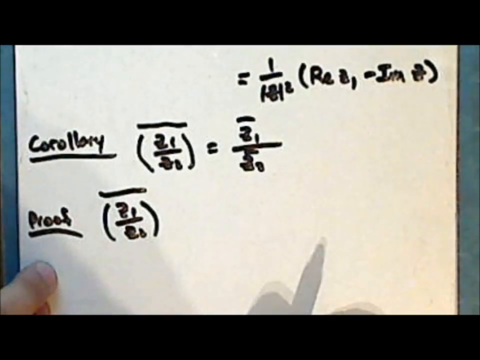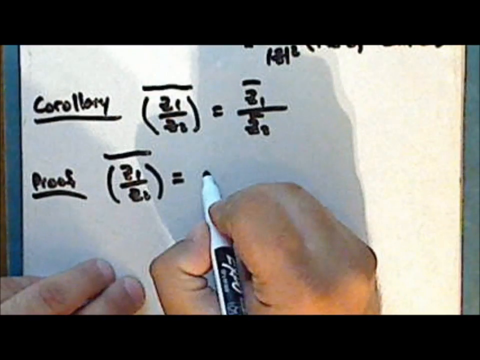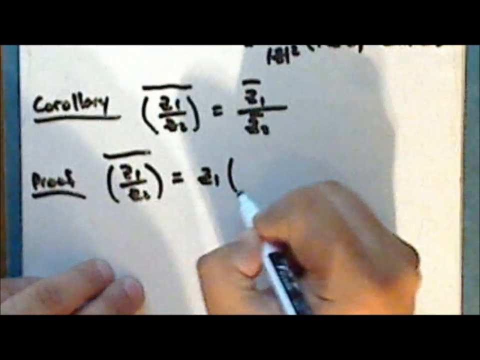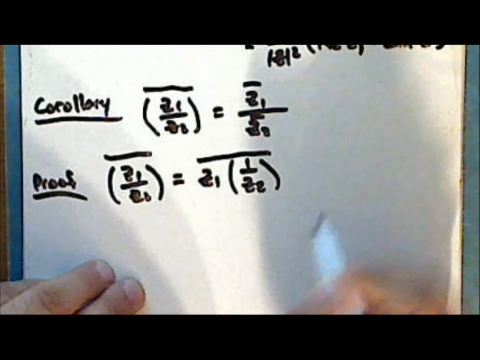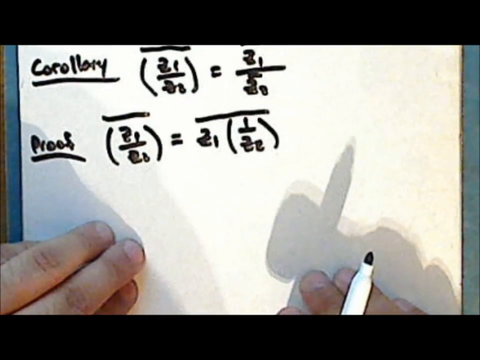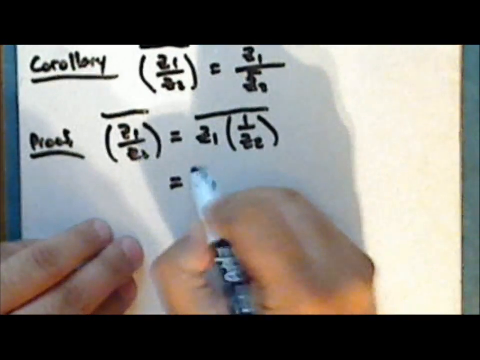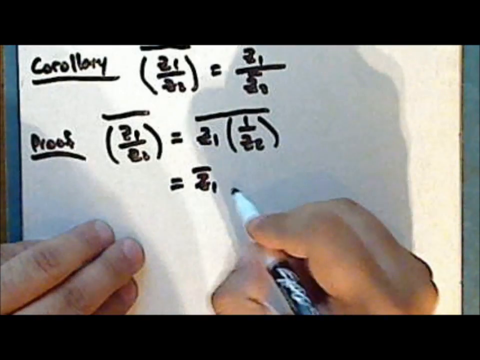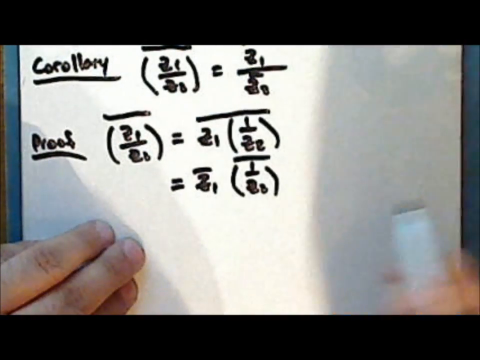The conjugate of the quotient, z sub 1 divided by z sub 2, is the conjugate of the product of z sub 1 and the reciprocal of z sub 2. The conjugate of a product is the product of conjugates, so we have the conjugate of z sub 1 times the conjugate of the reciprocal of z sub 2.